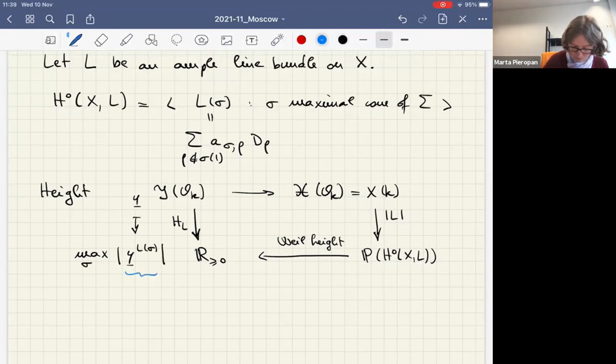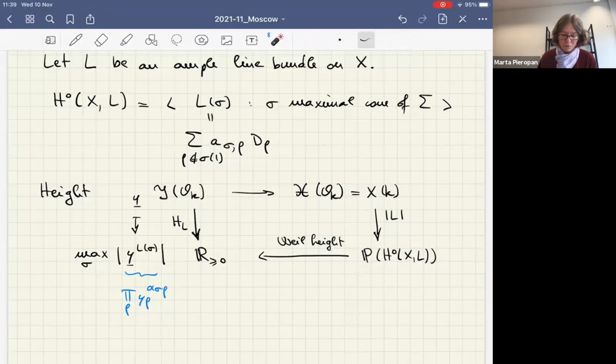Now this would be just some product over all the coordinates y, with exponents the coefficients of the divisor that I just defined as sigma. So here we're just taking absolute values as real numbers.